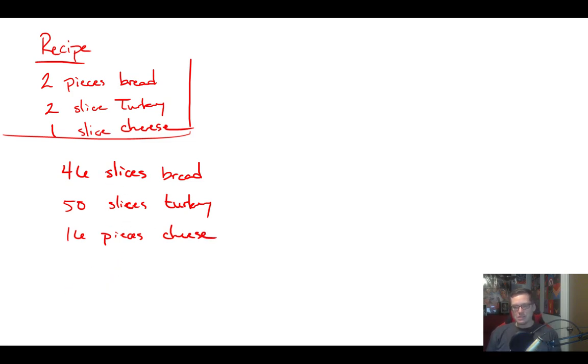Now, based on this, how many complete turkey sandwiches could I make? Well, assuming that I'm not going to break my bread up or anything silly, if I used all of my bread, it takes 2 pieces of bread, I could make 23 sandwiches.